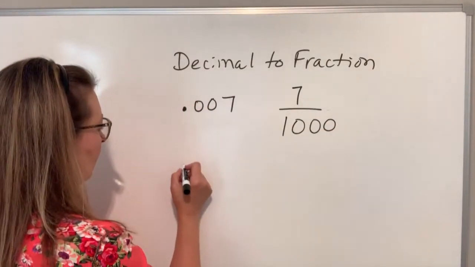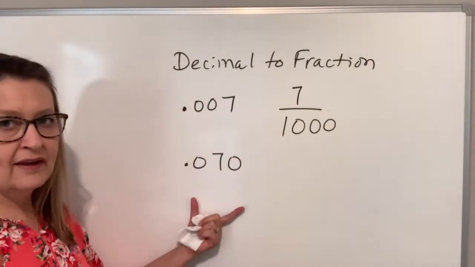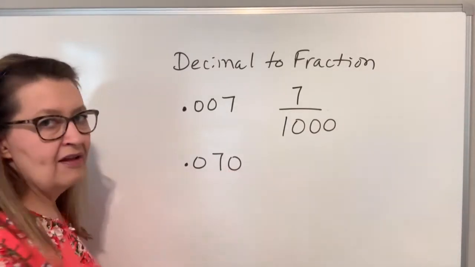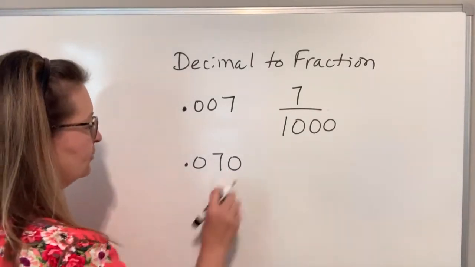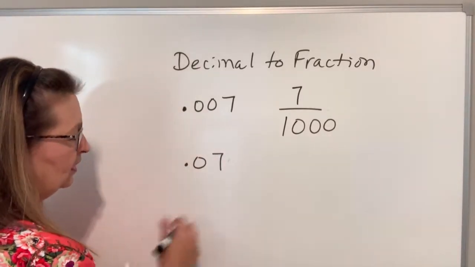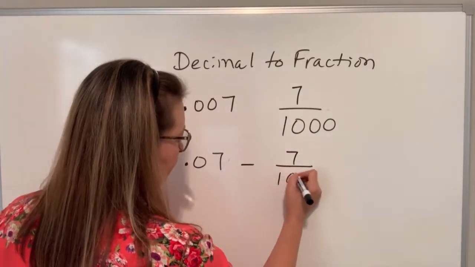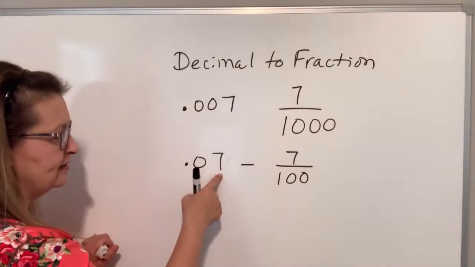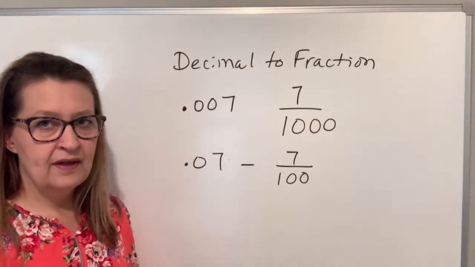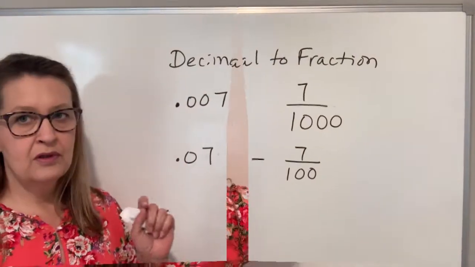Okay? All right, one more example. If I have a problem that looks like this, now in this one the 0 at the end is not significant. Okay, so I can just get rid of it at this point if I want to. Then I'm going to put just the number over 2 places here, 2 zeros there. Okay, so that's situation number 1, going from a decimal to a fraction.